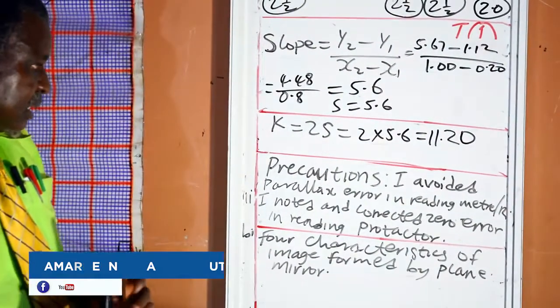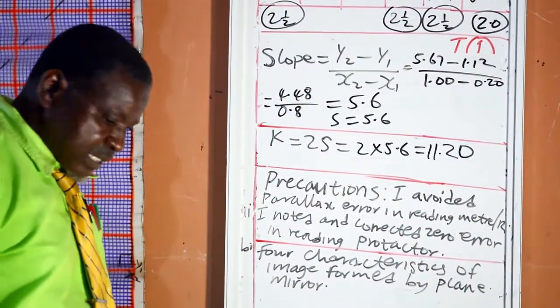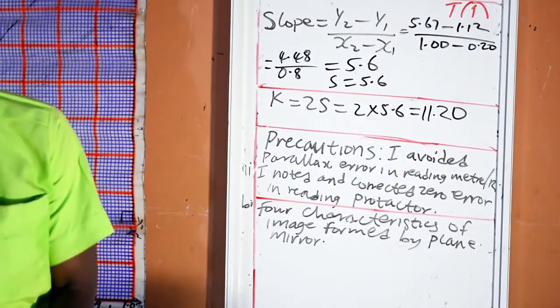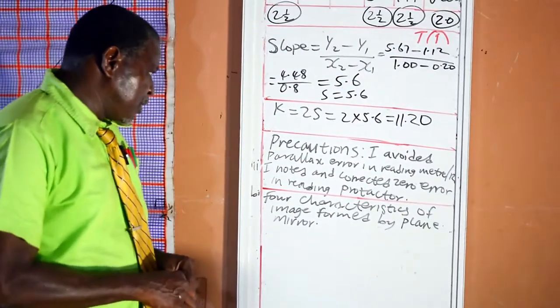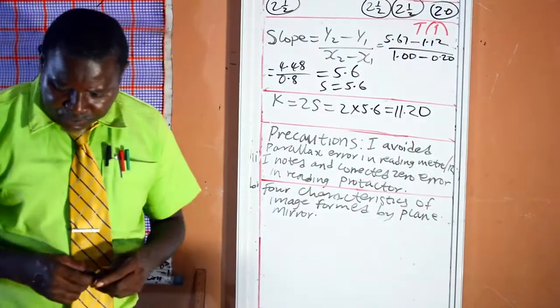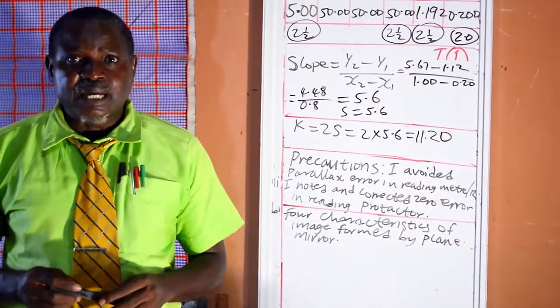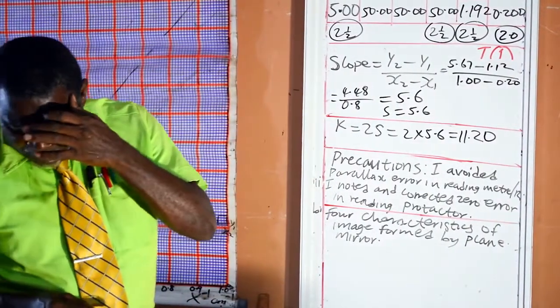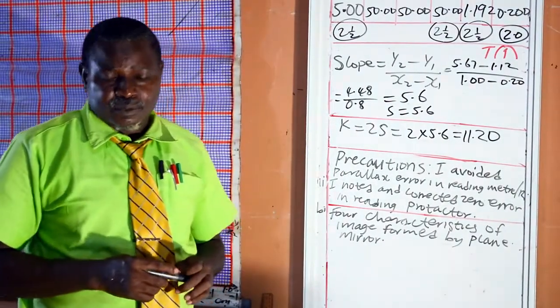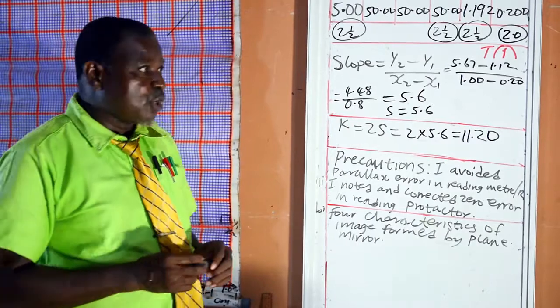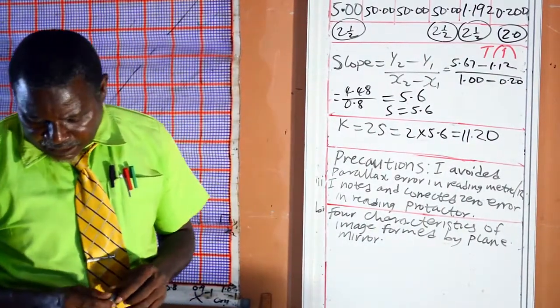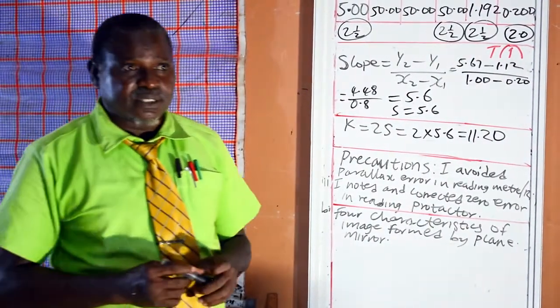Four characteristics of the image formed by a plane mirror. The first one is it has the same size as the object. It is virtual. It is upright, and it is laterally inverted.